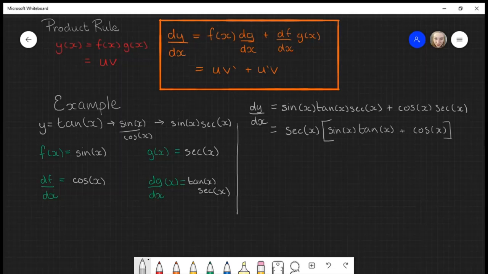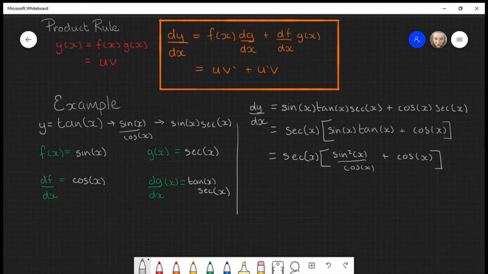Now I'll rewrite tan in terms of sine and cos, just because I want to get it all in the same identities as possible. It will make things easier down the line. So tan is sine over cos, so this would become sine squared x over cos x, and then we're left with cos x plus cos x.